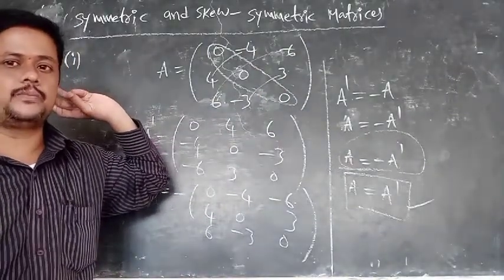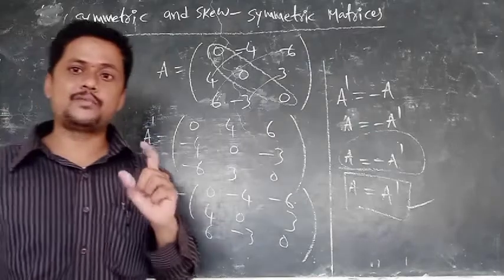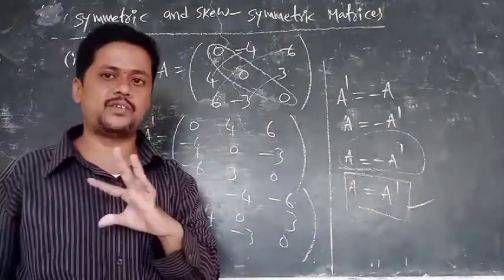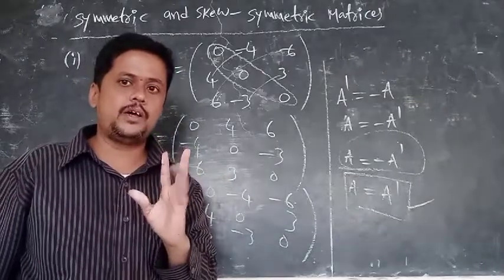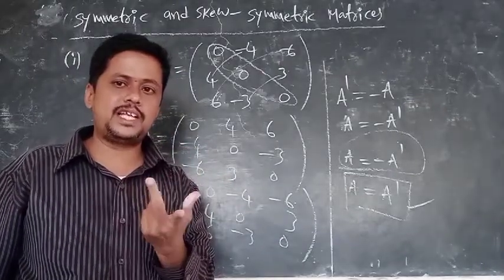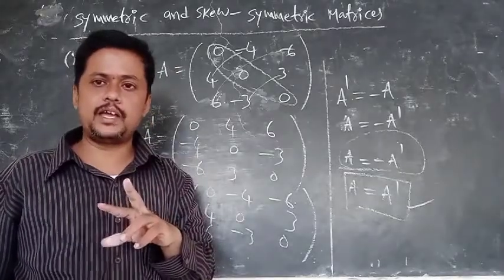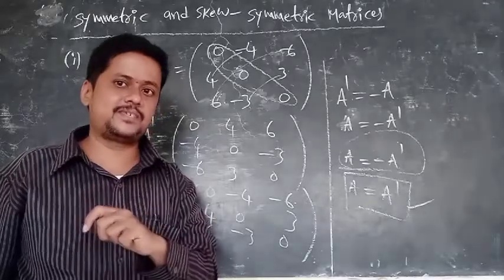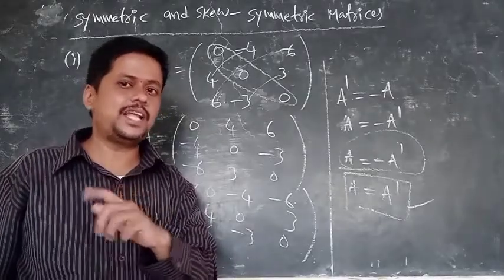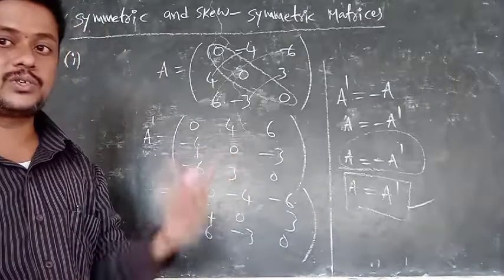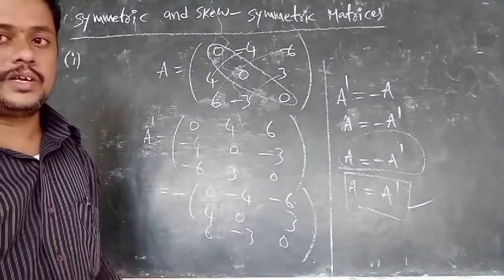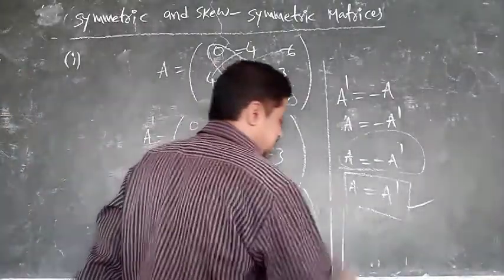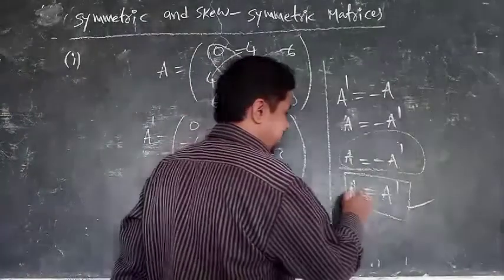First you have to identify the difference between symmetric and skew symmetric. My dear students, are you understanding? When we can tell the difference, we can easily understand. In the examination they won't ask this, but for our understanding I am asking. In symmetric, the condition is A equals A dash.